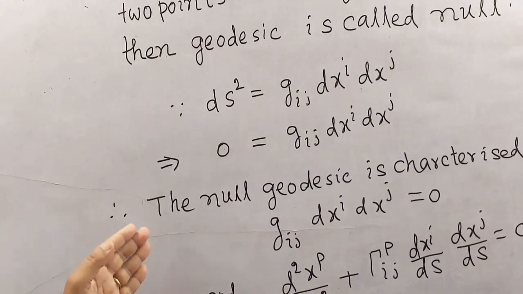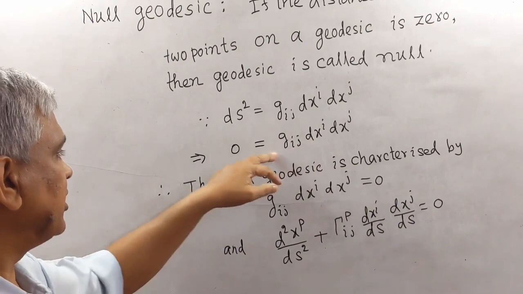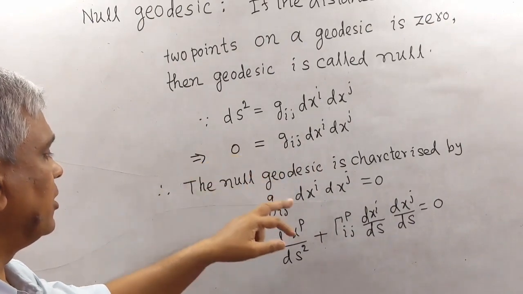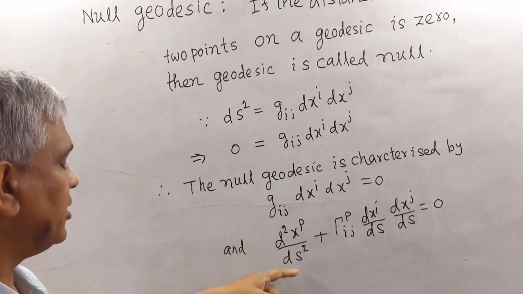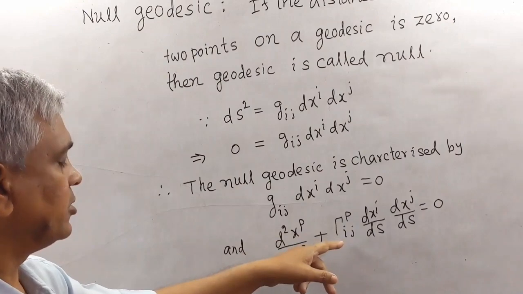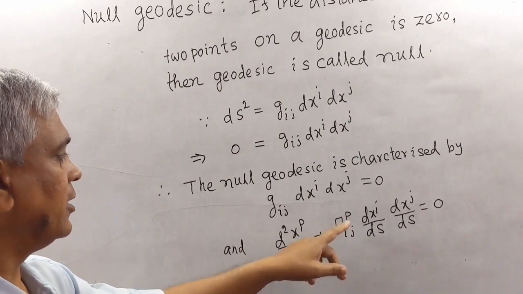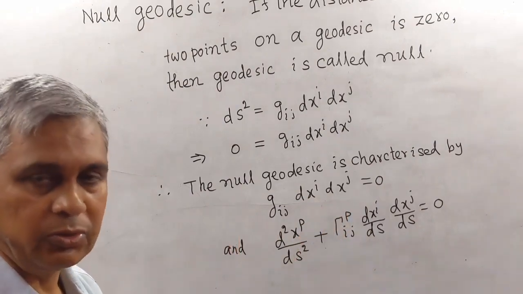Therefore the null geodesic is characterized by this equation and differential equation of the geodesic d2xp by ds square plus gamma pij, means Christoffel symbol of second kind, dxi by ds dxj by ds equal to 0.